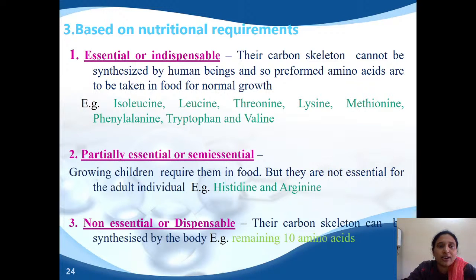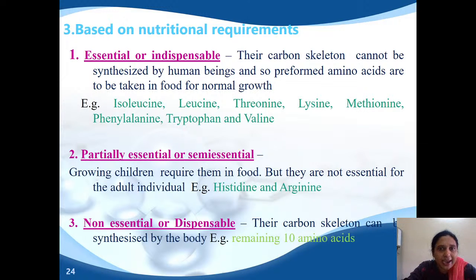Histidine and arginine are non-essential in the adult individual, so these two are called semi-essential amino acids. Why are they not required in adults? Because the amount synthesized in the body is sufficient to meet the requirement of adults.